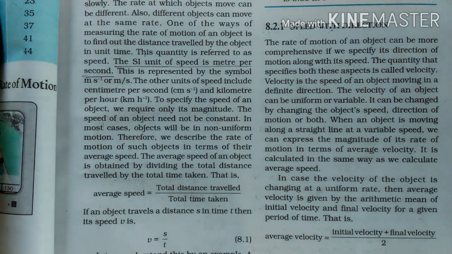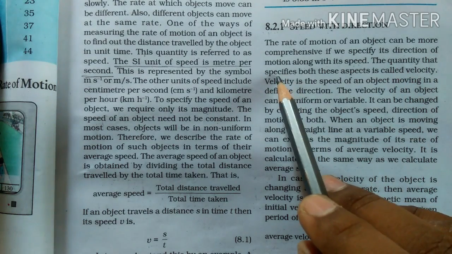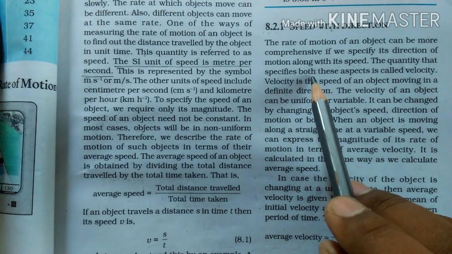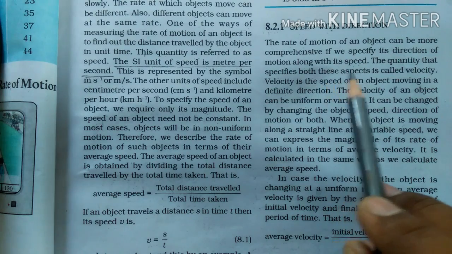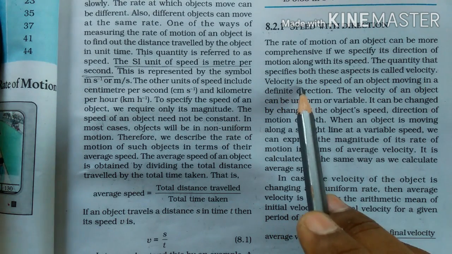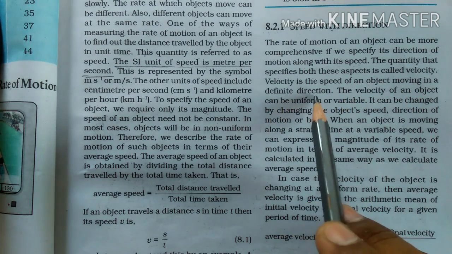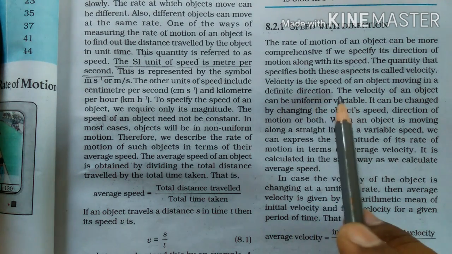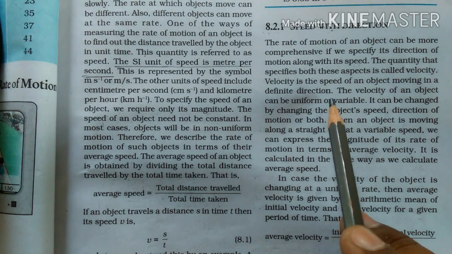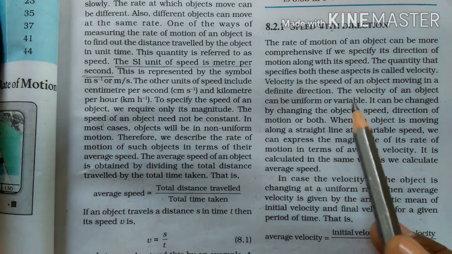Now we will move towards the next. The quantity that specifies both, means speed and direction, is called velocity. Velocity is the speed of an object moving in a definite direction.